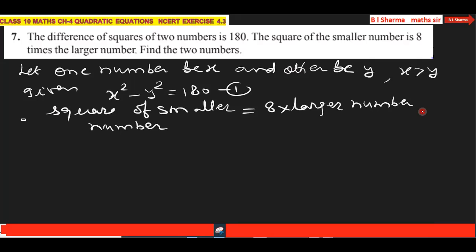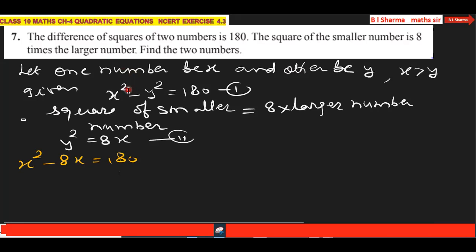So smaller number is y and that is x. So y square is 8x. Now combining first and second, we can say x square, in place of y square, we can write 8x, that is 180.